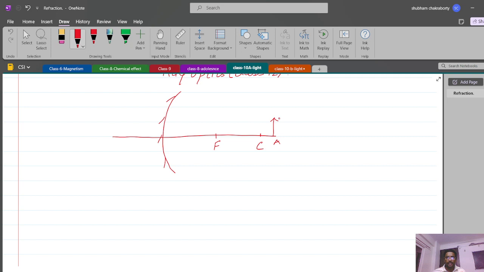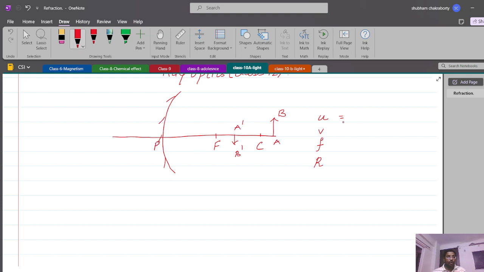Let's call the object AB, and we have an image somewhere about here called A dash B dash. So far, so good. Now, if you have to tell what the object distance, the image distance, the focal length, and the radius of curvature are, you will have to give each a name.